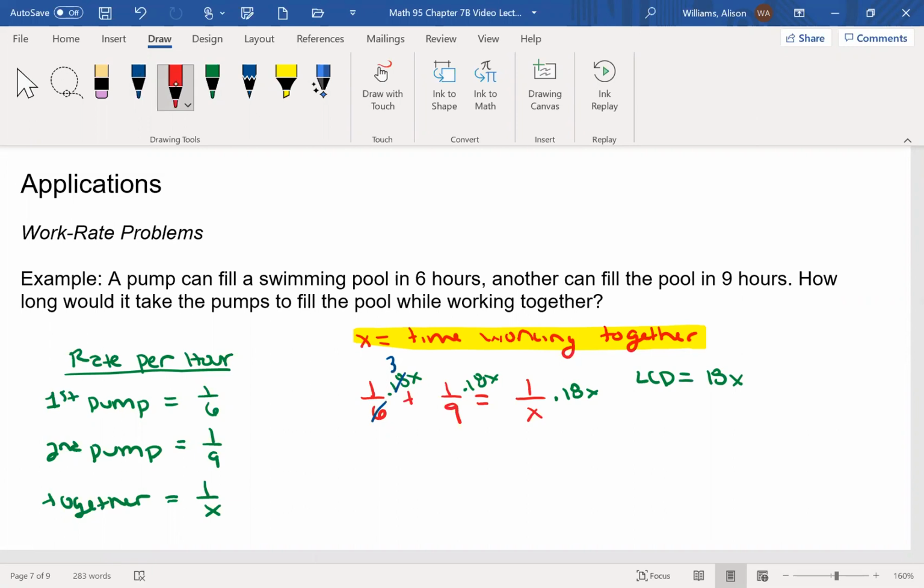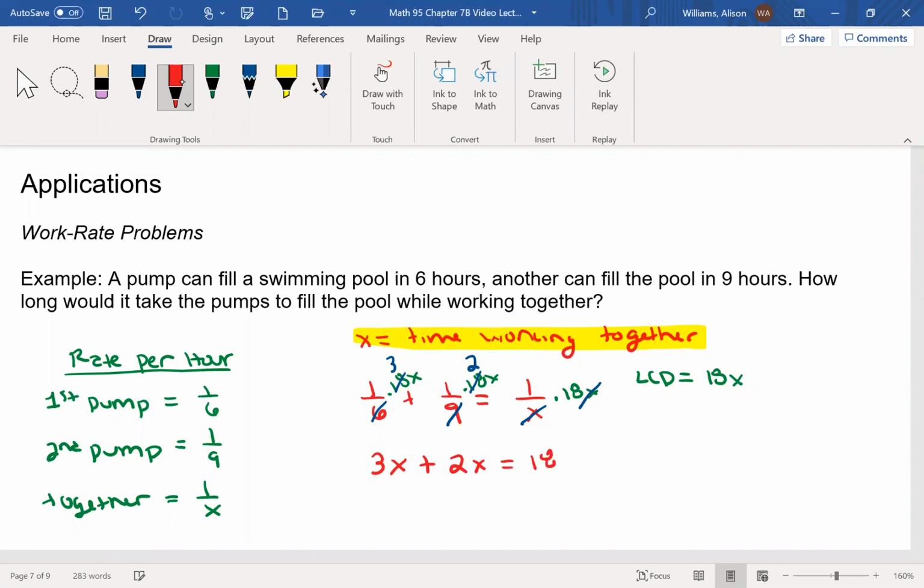And that 3 times the 1 is just 3, and there's still the x. Plus, for the next one, 9 is going to go into the 18 2 times. So 2 times the 1 is 2, and there's also an x. For the last one, the x cancels completely, and we're just left with equals 18.